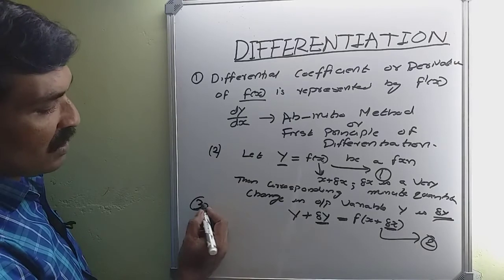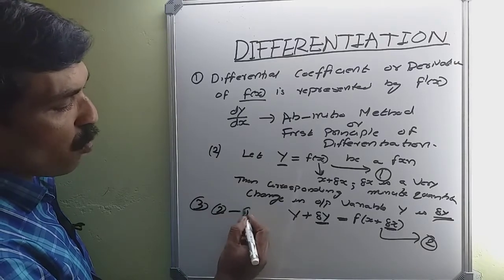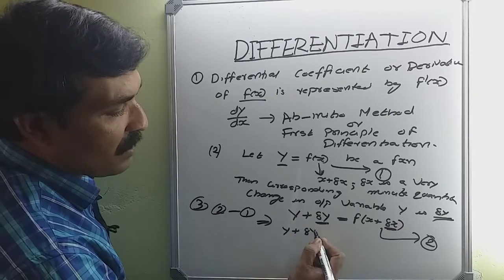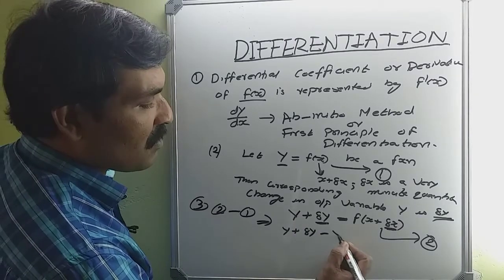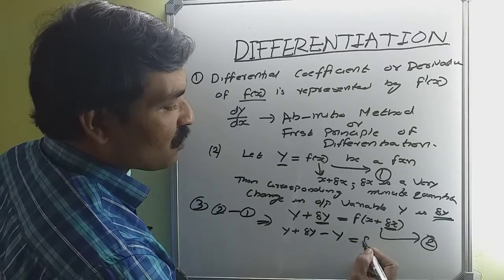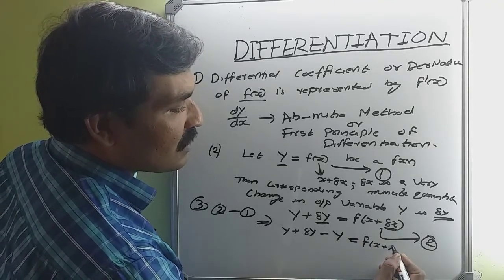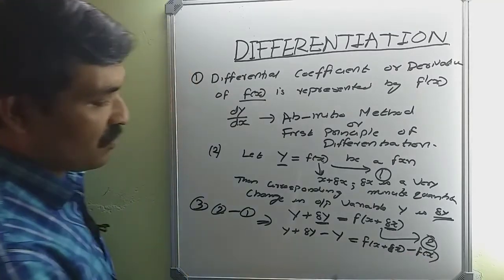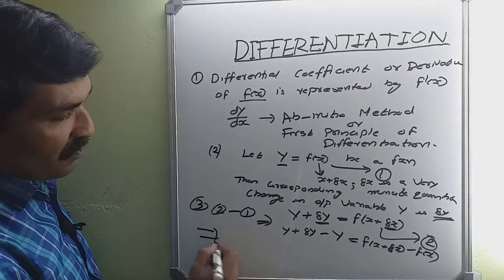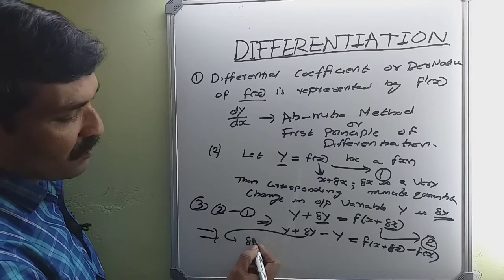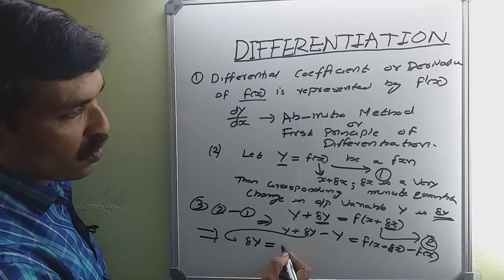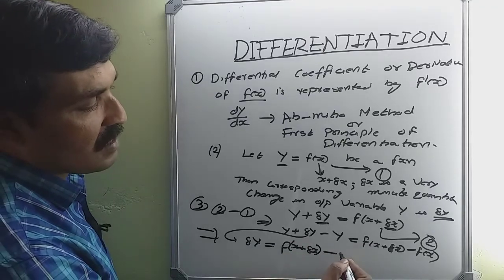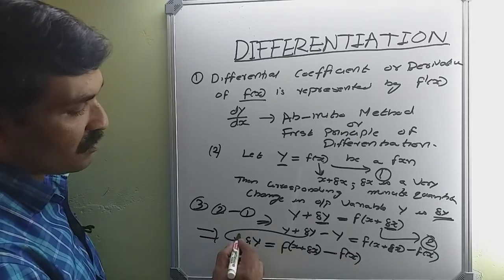Now equation 2 minus 1 implies y plus del y minus y equal to f of x plus del x minus f of x. That means del y is equal to f of x plus del x minus f of x.